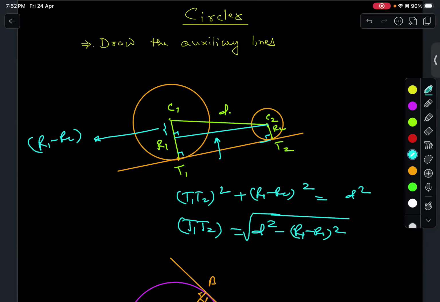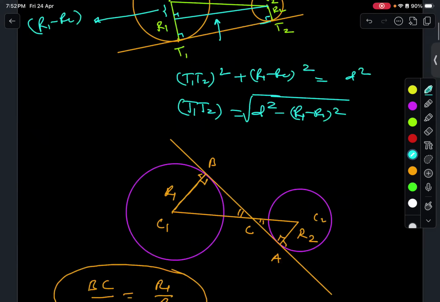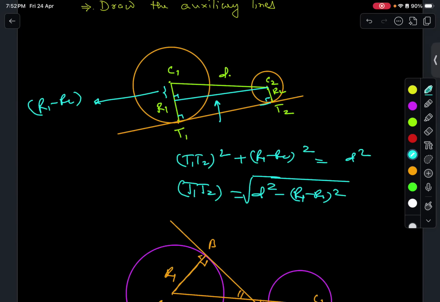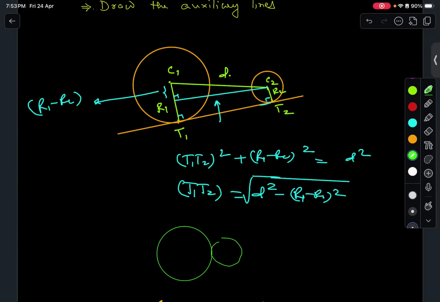And the best part of this is, what if both the circles are touching each other? When two circles are touching each other, one beautiful observation will be there.